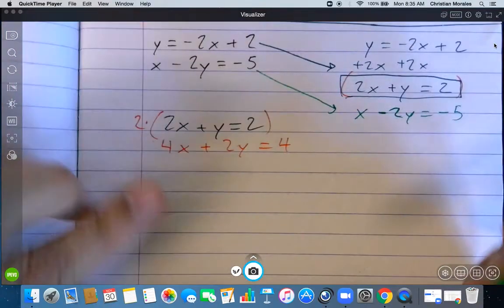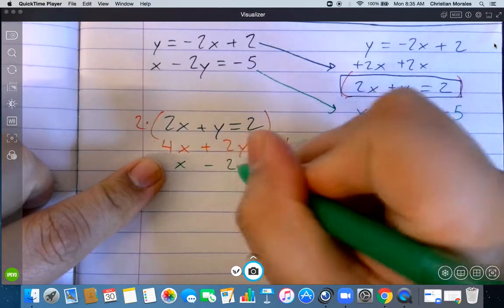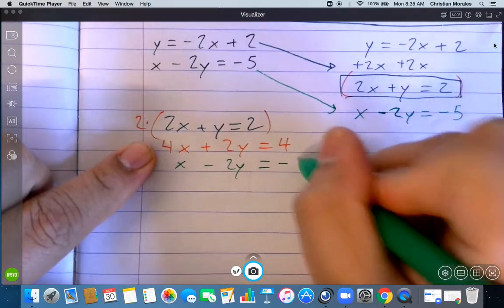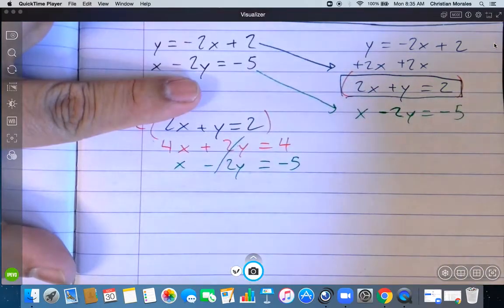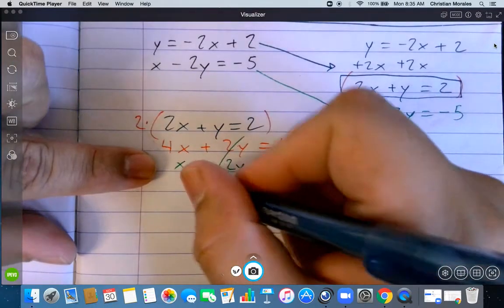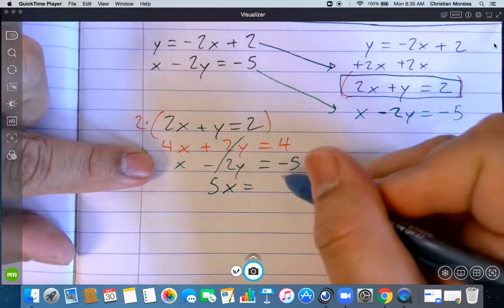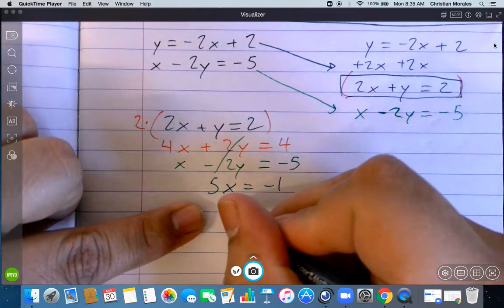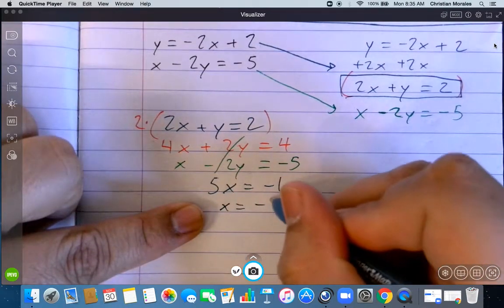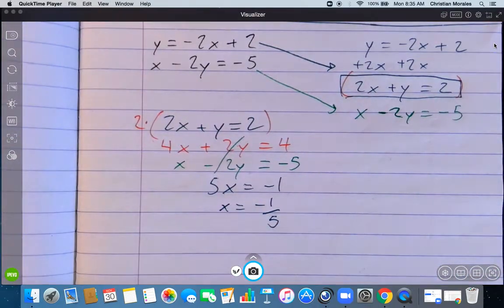Then, if this was underneath it, the same way, right there you see it's going to eliminate. That's gone. And what's left is a 5x and a negative 1. Ooh, it's going to be a fraction. So x equals negative 1 over 5, 1/5.